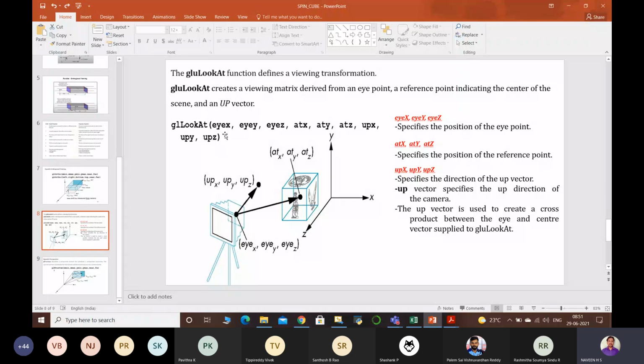And how can we visualize this pictorially? This is the X axis, the Y axis, the Z axis. Now this is the camera, and this is the projection plane, with the cube we draw. There is some reference point here, and there is an object inside this cube.